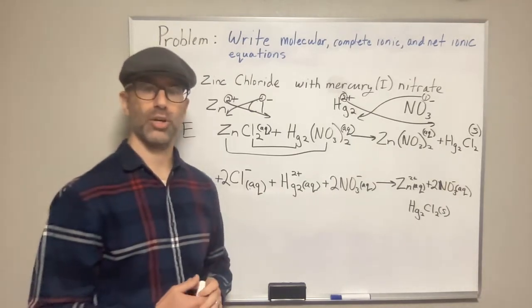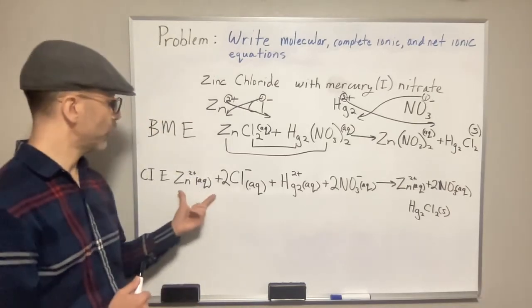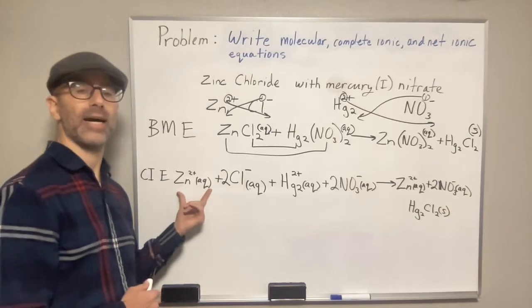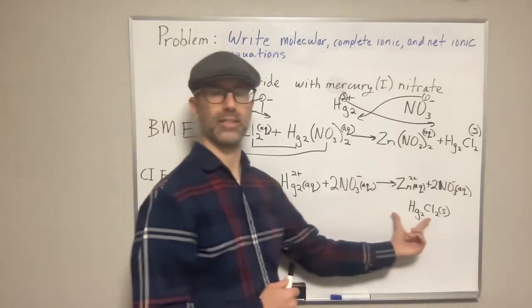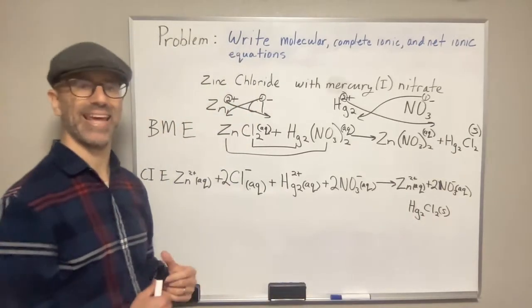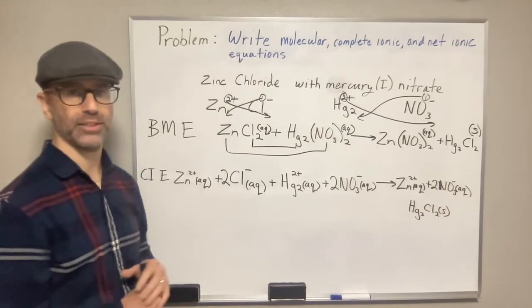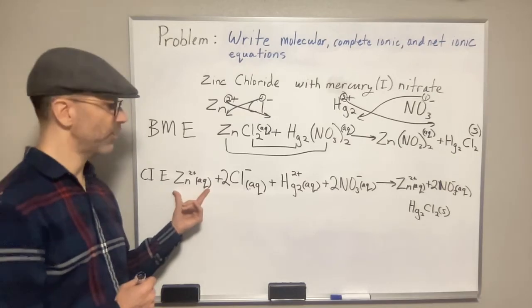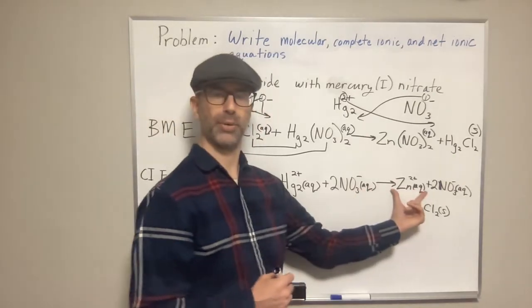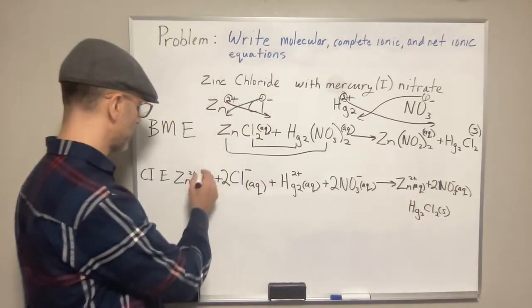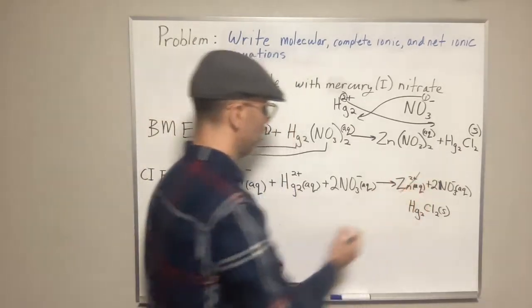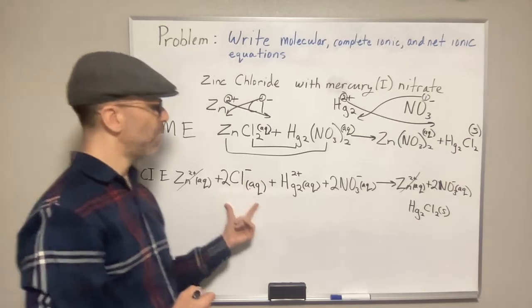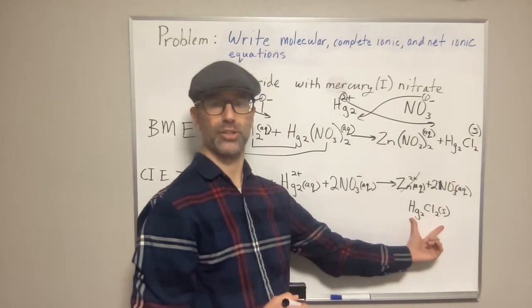The second way that you could figure this out would be look at what changes and what stays the same. If you look at an ion on the reactant side and you look at the same ion on the product side and they are exactly the same, no change, it's a spectator ion. So here we have zinc 2 plus aqueous, and here we have zinc 2 plus aqueous. That's a spectator ion, so we could get rid of that. And here we have 2 chloride minus aqueous, but here it's part of a solid, so there's a change.